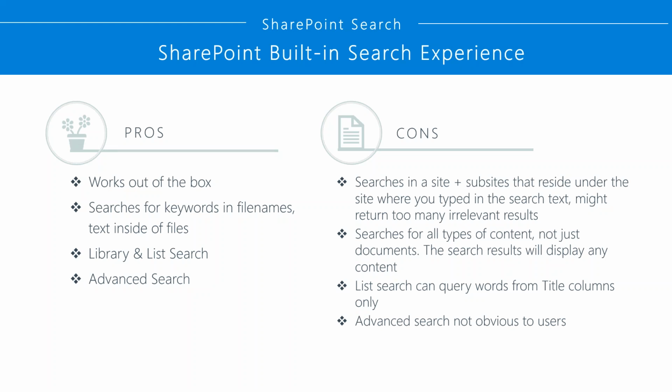As I showed you, it's showing folders, showing PDF files, so it's displaying any content for you. And based on my experience, when the list search was working for me, I can only query words from the title columns, and the advanced search, like I said, is not too obvious to users.